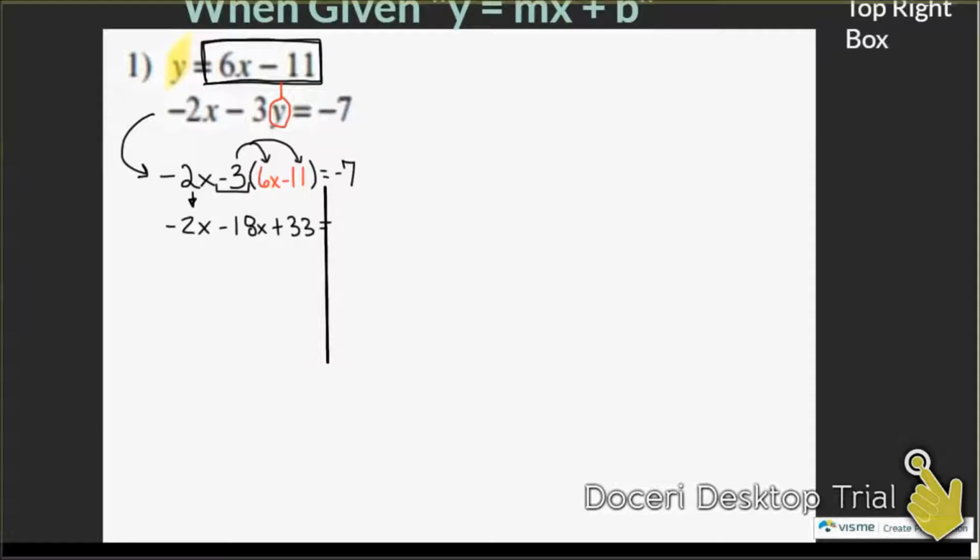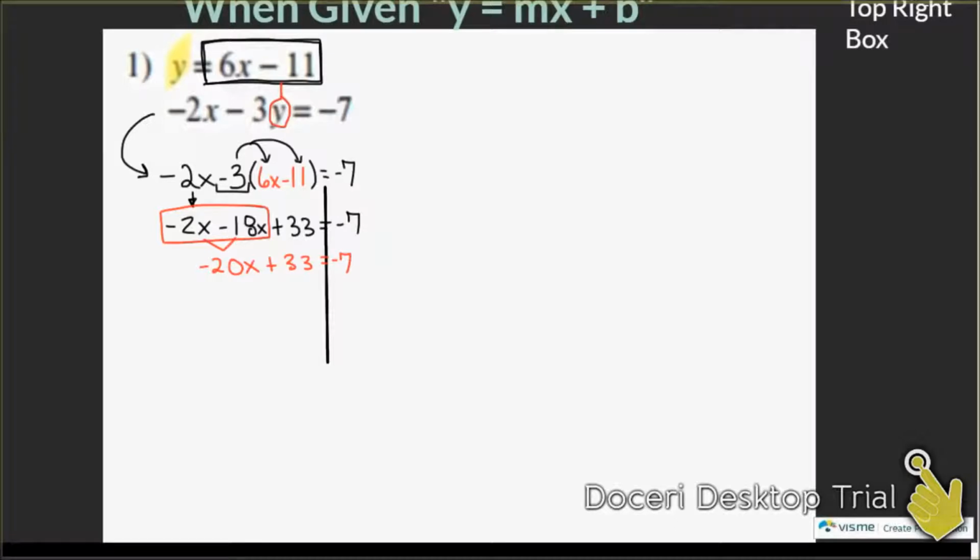And I haven't done anything with my negative 7. That's over on the right side. As I start to look, there are some things I can combine. On the left side, I have some coefficients and variables that I can combine. Negative 2x minus 18 more x gives me negative 20x. So I have negative 20x plus 33 equals negative 7.